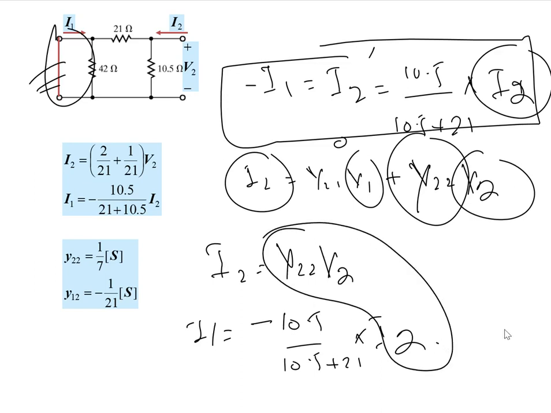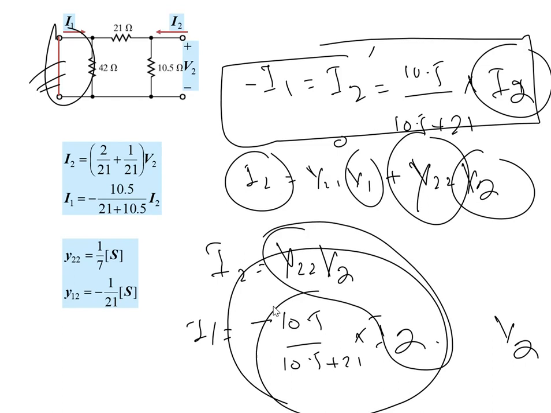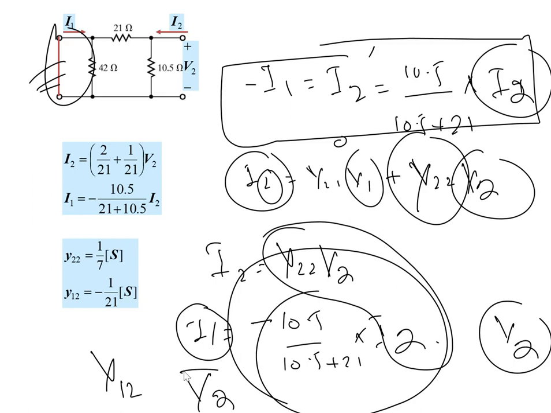So you will get this thing in terms of V2, and these values would be your Y12. You can also predict it, because we have I1 and this is V2, so this is Y12. So you can calculate Y12 like this.